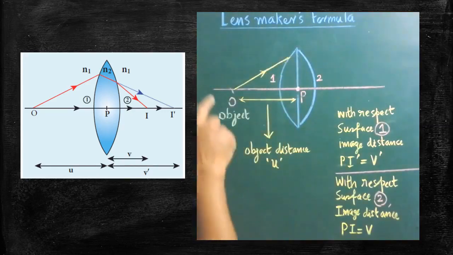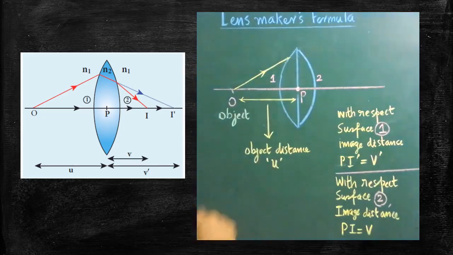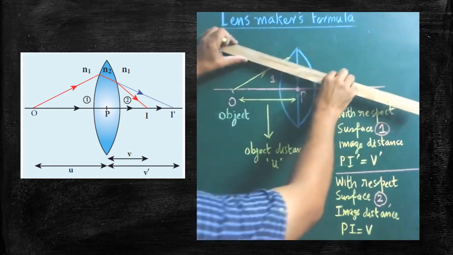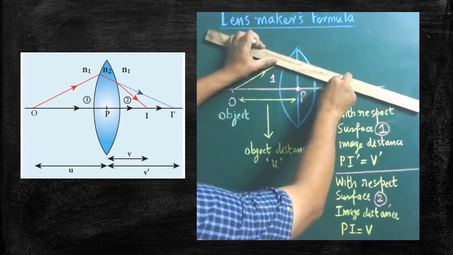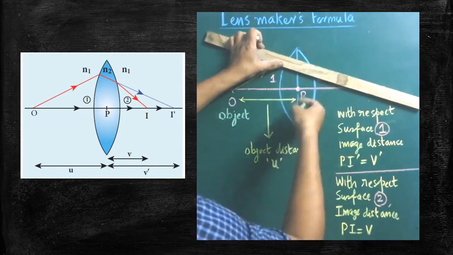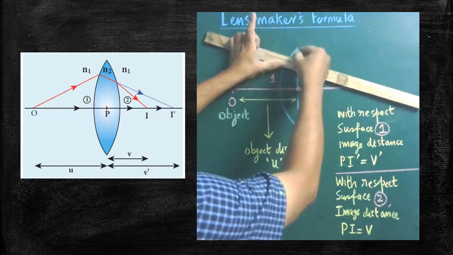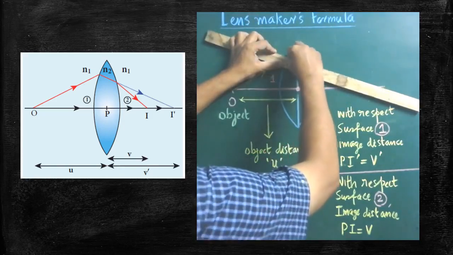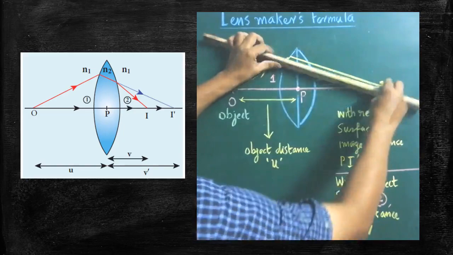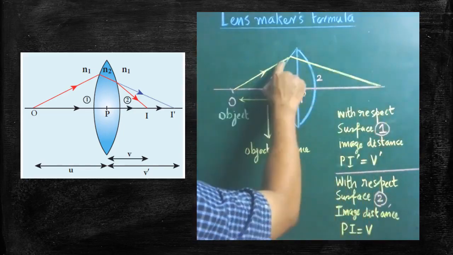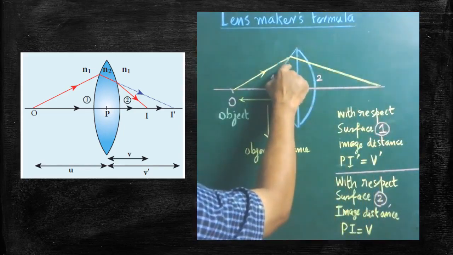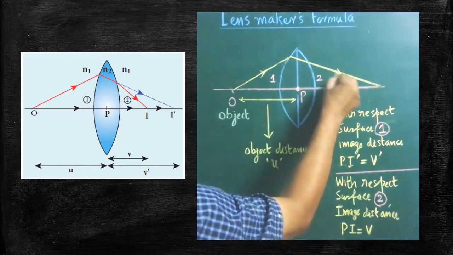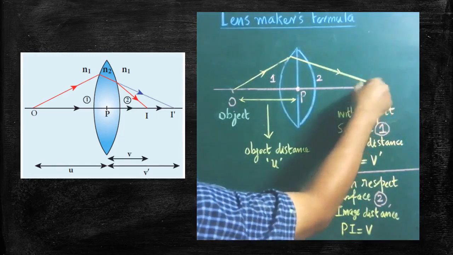After getting refracted, the incident ray gets refracted. The refracted ray is going to travel very far from the lens. I am using the same yellow line. Look at that, this is the refracted ray. The ray is incident on the first surface, and after getting refracted, it falls on the principal axis on the other side.